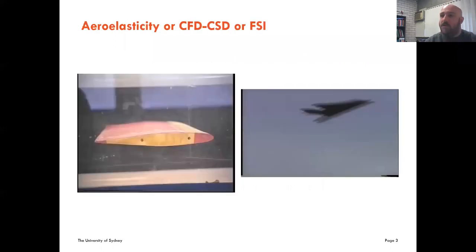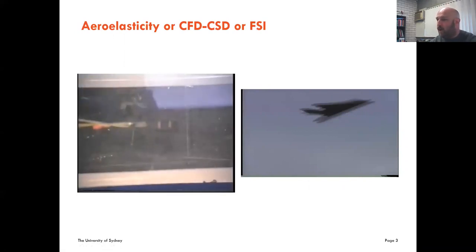So, if you're not familiar, aeroelasticity, computational fluid dynamics, computational structural dynamics, or fluid structure interaction are in many ways the same thing, but depending on who you talk to, they will use different wording. Now, coming from a structural, vibration background, aeroelasticity is the most common term, and what we're interested in is when wings will fly away from your body and upset your travel plan.